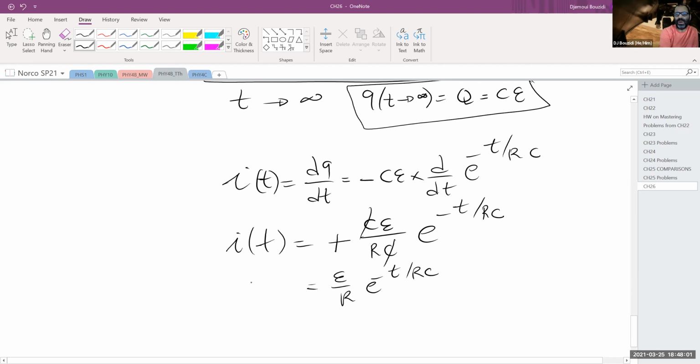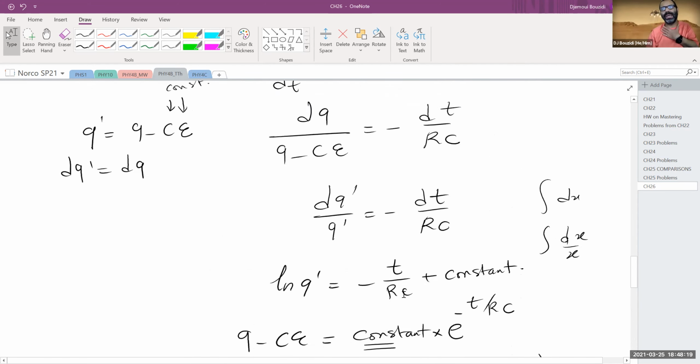Here is what's going on then with the current. Initially, when I just throw the switch, that is t equal to 0, the current is epsilon over R. So there is a tremendous amount of current. And then with time going on, the exponential starts to become smaller and smaller, so the current will go less and less.